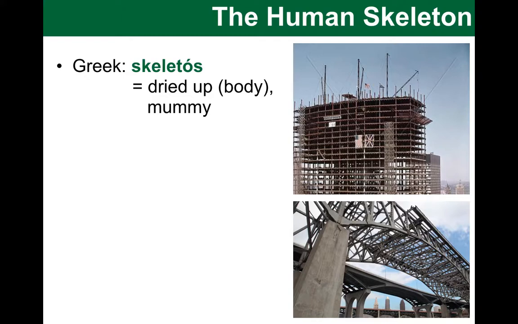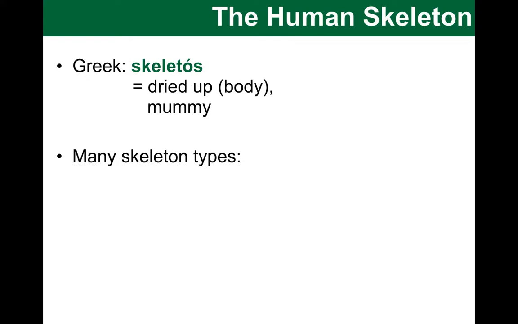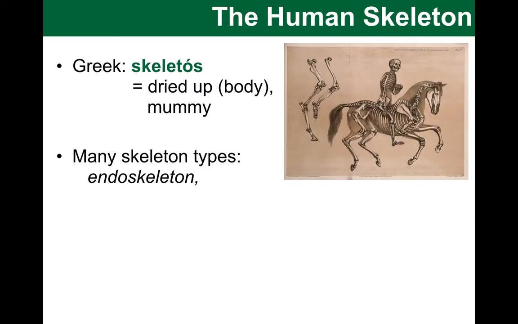But that's not all. I also want to remind you that there are many different kinds of skeletons that we see in nature. In the case of us humans and many other animals, we see an endoskeleton. This is an internal support structure located inside the body.